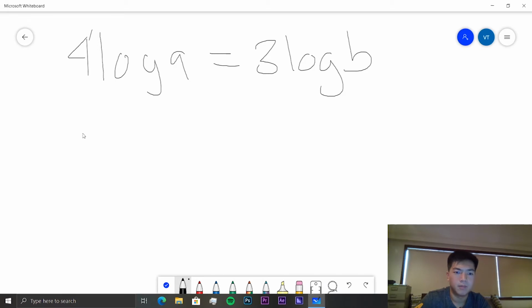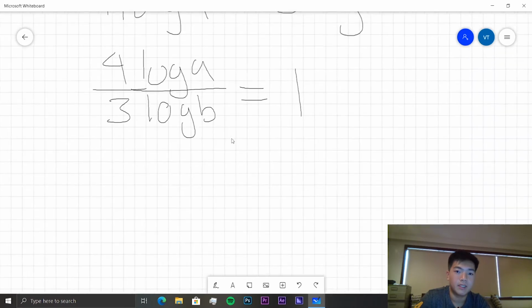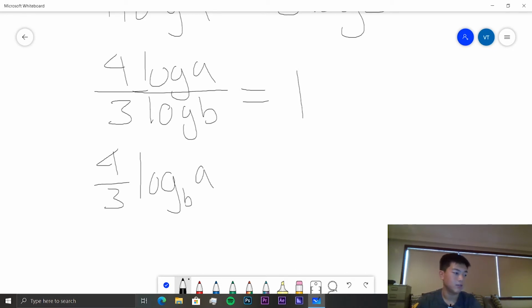Yeah, so we have 4/3 log a over log b is equal to 1. And notice when we're dividing logarithms with the same base, this is equivalent to saying 4/3 times log base b of a, I believe, is equal to 1.